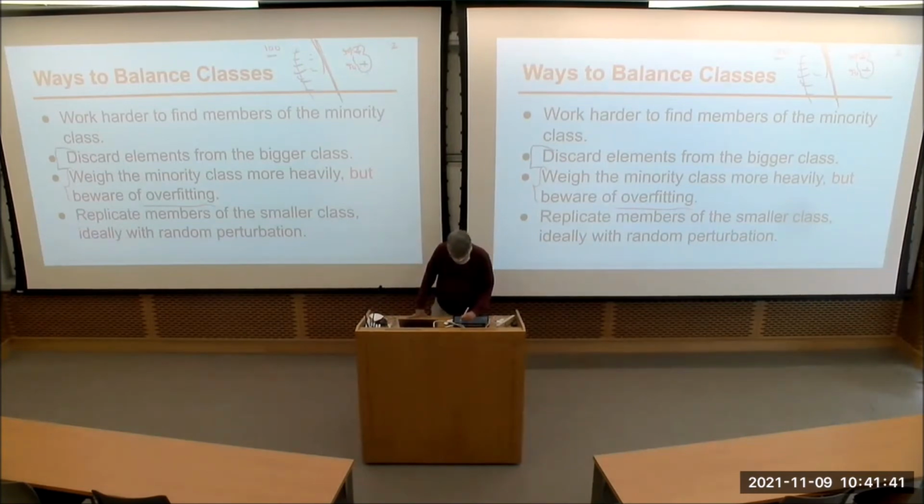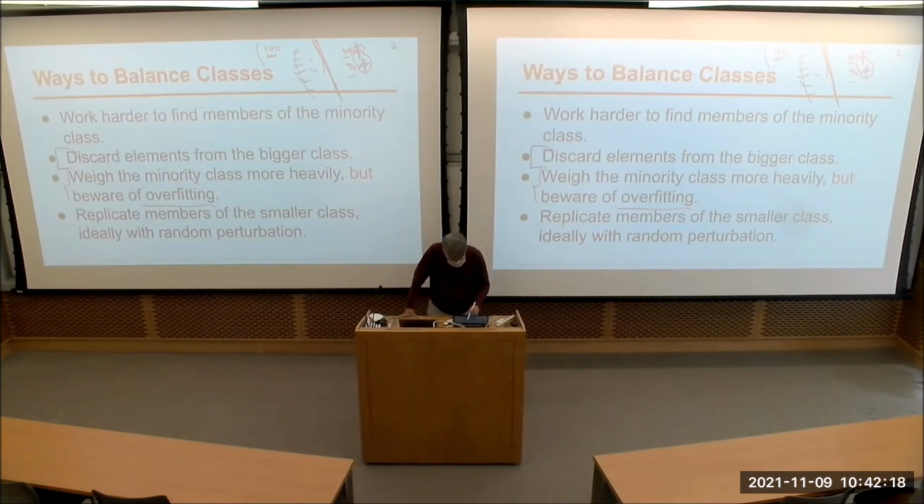Another way to deal with unbalanced classes, if you have 100 negative examples and 2 positive examples, is simply to make copies. Sometimes your solver will let you assign a weight to each example. Another option is simply to make more copies of the positive examples until you have the same number of each type, and now you've got a balanced set.